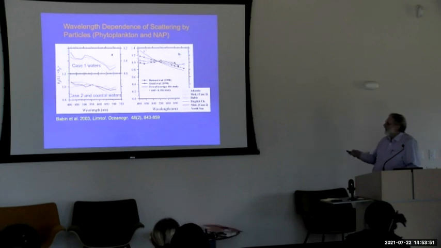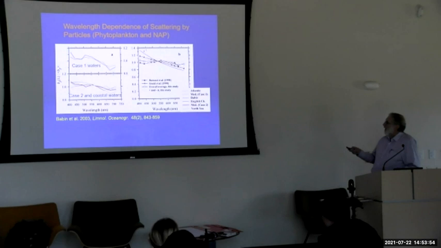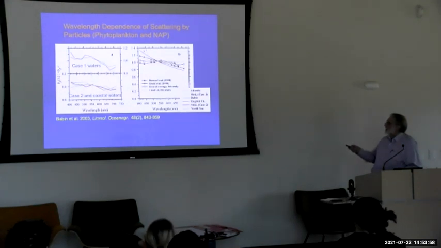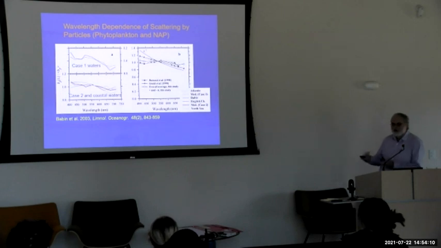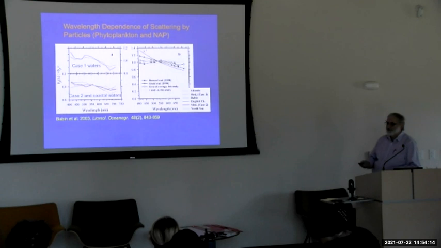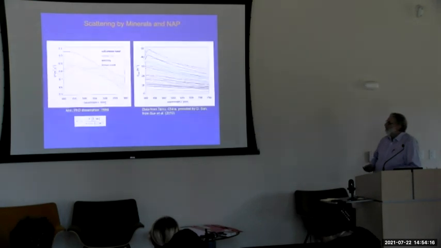And here's another set of data where they looked at various measurements, and the red curve is the lambda to the minus 1 dependence. Obviously that's too steep for any of these data. They're not really independent of wavelength, but they're not something like 1 over lambda either. So that's why you need to measure this stuff if you possibly can.